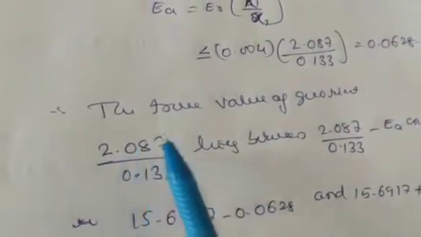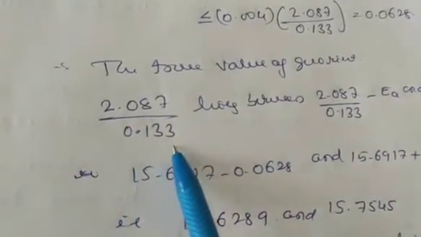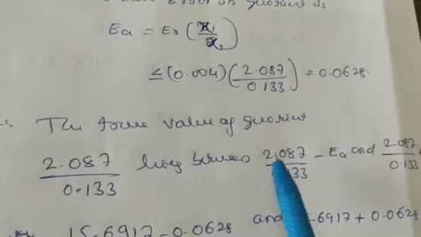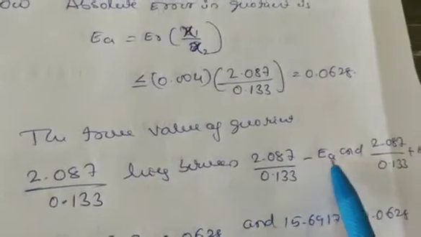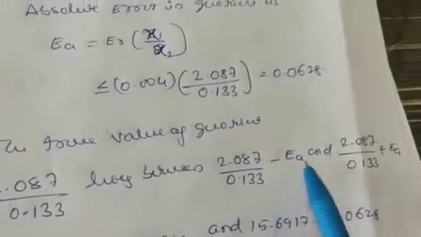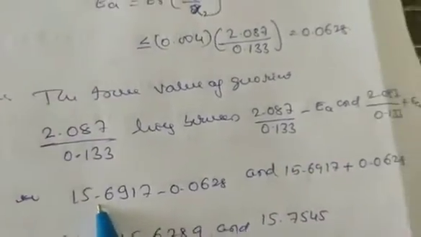Therefore the true value of the quotient 2.087 divided by 0.133 lies between 2.087 divided by 0.133 minus the absolute error EA and plus the absolute error EA.